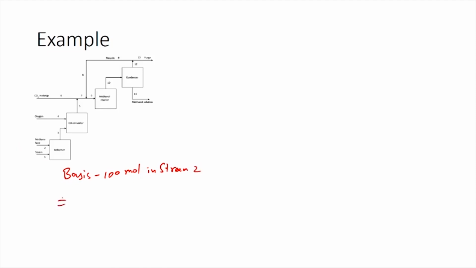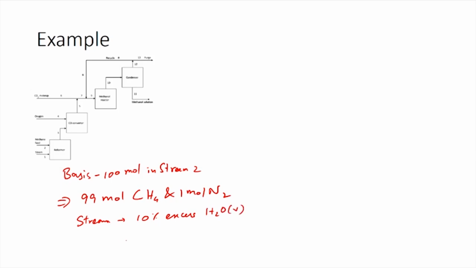So, this contains 99 moles of methane and 1 mole of nitrogen. We have also been told that stream 1 is 10% excess water vapor, which is being fed, or steam.